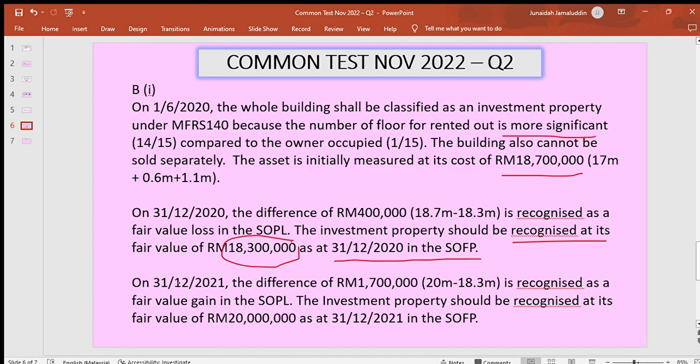And on 31st December 2021, the difference of 1.7 million, which is 20 million minus 18.3 million, is recognized as a fair value gain in the SOPOL. Why is it recognized as a fair value gain? Because there is an increase in fair value amounted to 1.7 million.